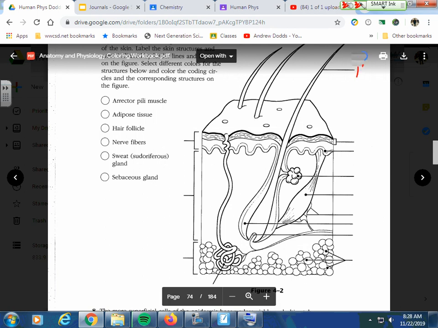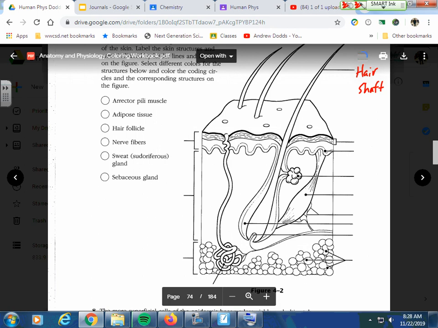So this is hair shaft. Hair shaft. I'm going on the left side over here.